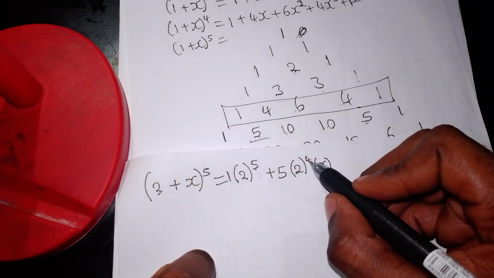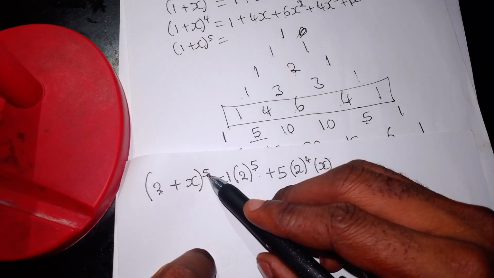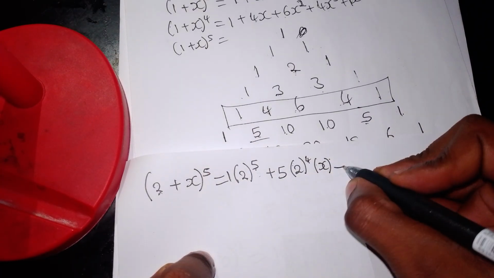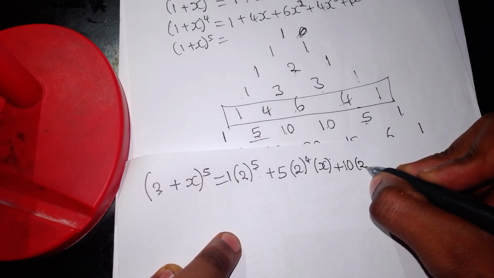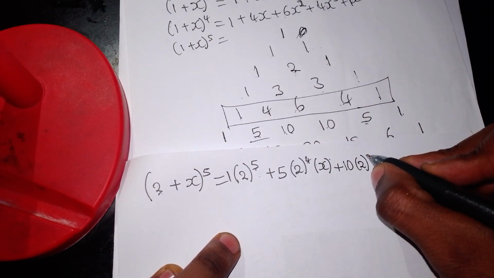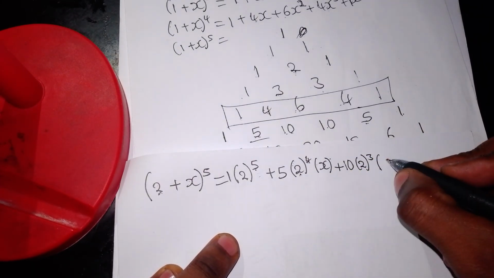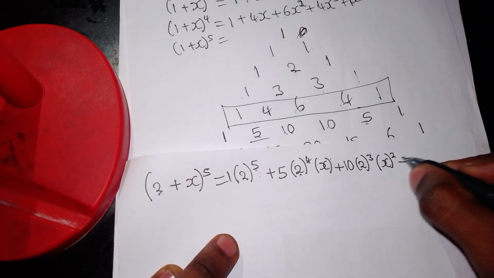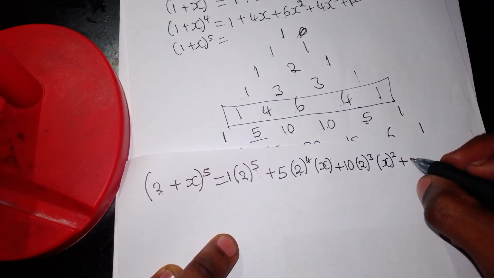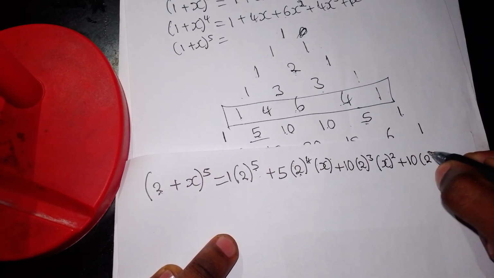At the end of the day, the sum of this power and this power should always be a 5. And then plus, you have a 10, and then 2 to the power 3. Remember, the powers of 2 are reducing, while the powers of x are increasing, so that the total is always a 5. And then you have a 10, and then you have a 2.